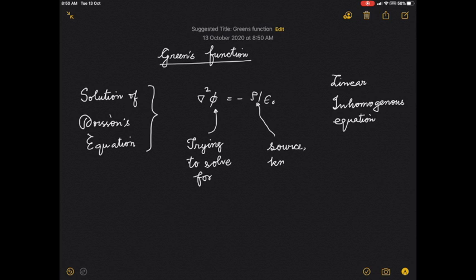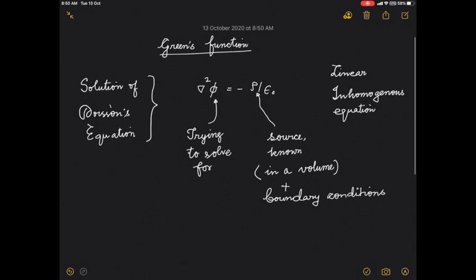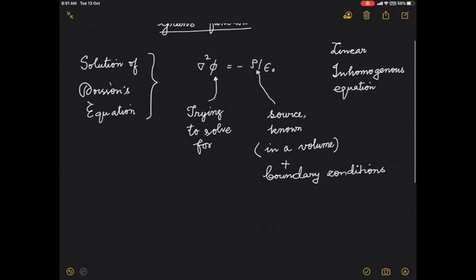And this is the source which is known. Where is it known? In a volume. What else? Boundary conditions. That is also known.